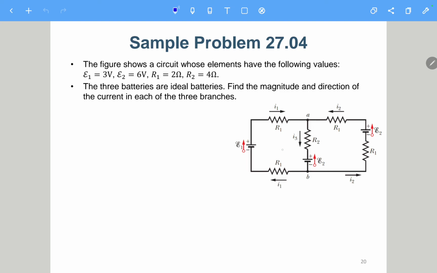So here we can determine this is I1. We can use the mesh analysis. Of course, you can still use the node analysis, because for the same circuit you can use either node analysis or mesh analysis, but try to avoid using both together.